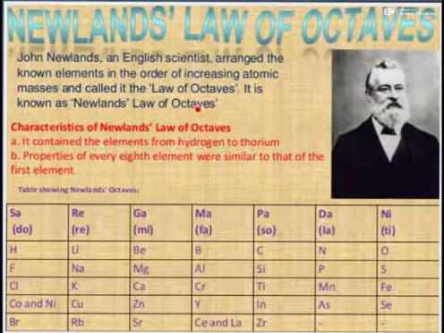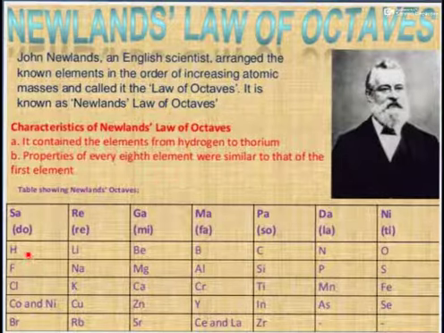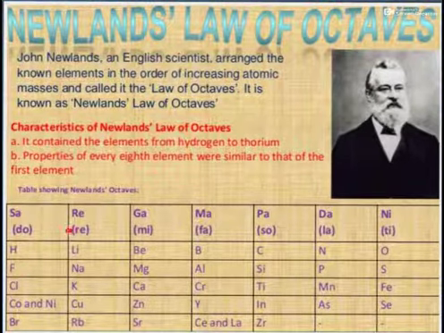Now I think you understand why it is known as octaves: the property of the first one was similar to that of the 8th element. So he arranged the elements like this.